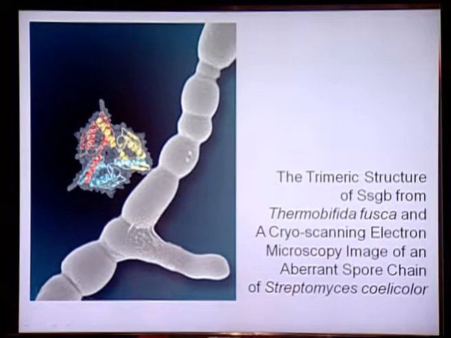You can see this is the filamentous actinomycete, commonly called Streptomyces coelicolor, and there is a triangular structure. This triangular structure is the SsgB protein, which is from a different actinobacterium called Thermobifida fusca.